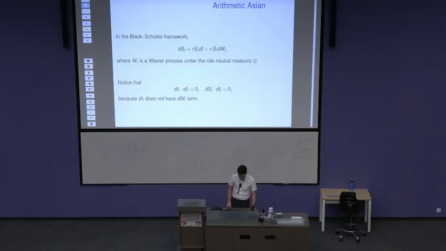And if we're talking about the Black-Scholes framework, where dS_t depends on dt and dW_t, this means that dI_t has zero covariation with itself, because dI_t is just f dt.